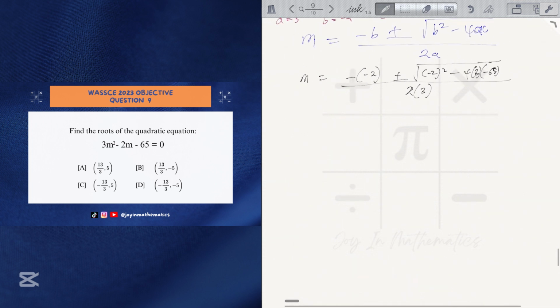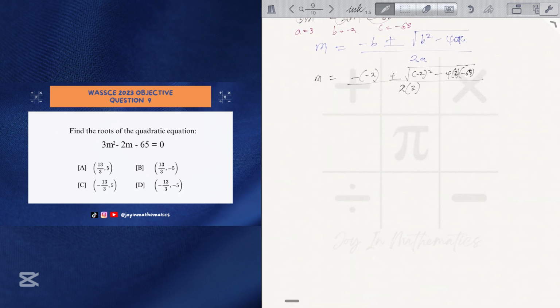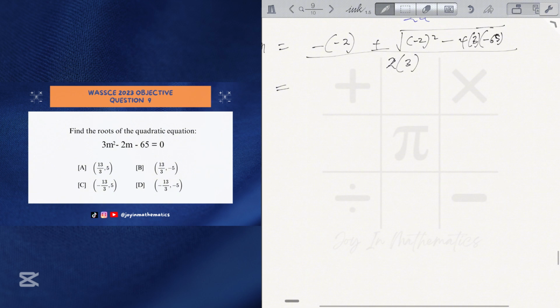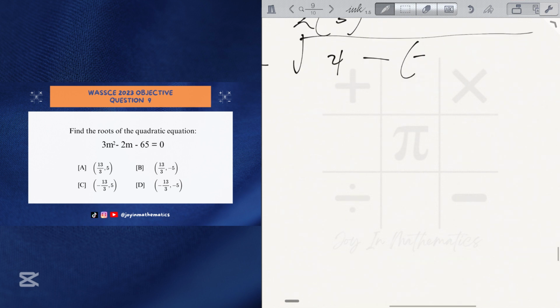With this, we'll have two values of m, which we will have in the options. Let's solve for that now. m is minus into minus 2, which gives positive 2, plus or minus the square root of 2 squared, which is 4, minus, if we use our calculator, 4 multiplied by 3 multiplied by minus 65, which gives minus 780.